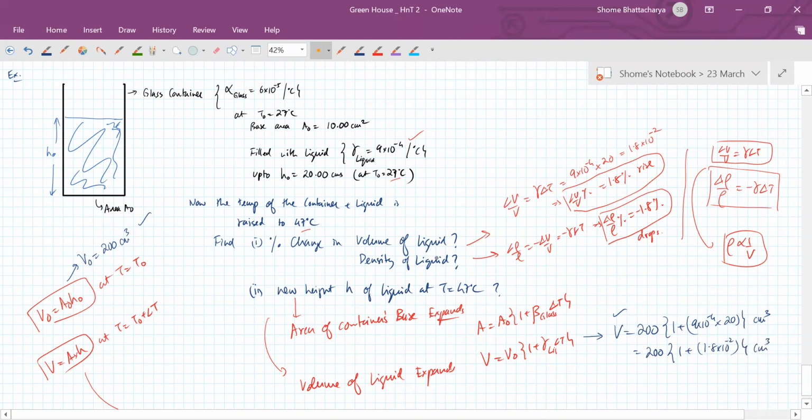Okay. Now what about the area? This area would have become the original area, which was 10 centimeter square, into 1 plus, now from here you can see that beta of glass will be 2 times alpha. So that will be 1.2 into 10 raised to the power minus 4.